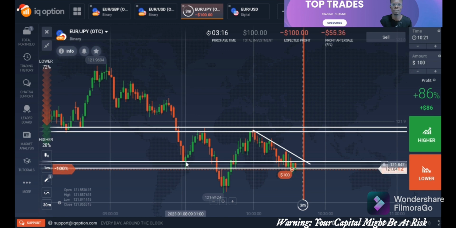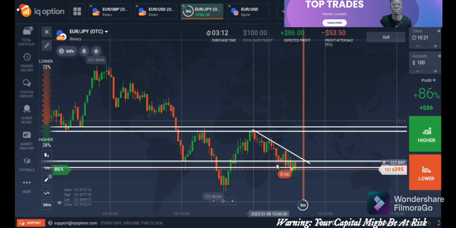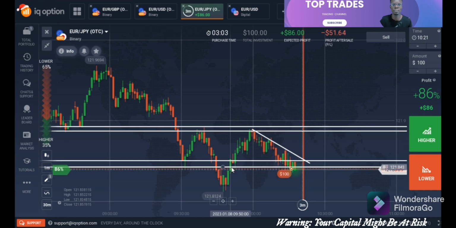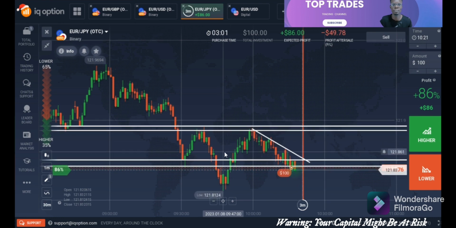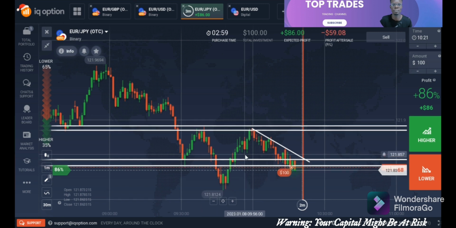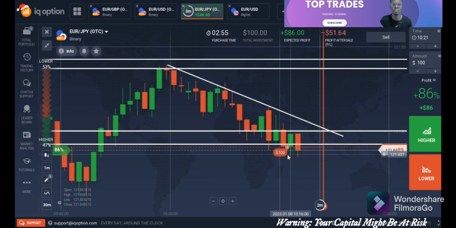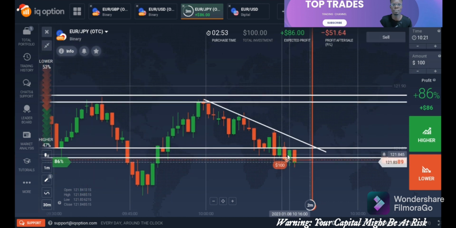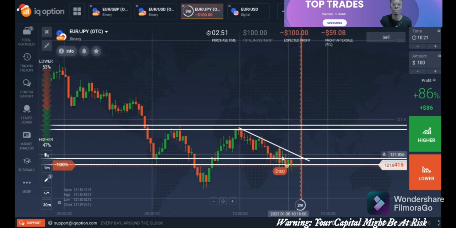There was a rejection here in the past, so I drew this level of support here. I drew a zone, so I had to wait for the market to break this level before I placed the trade. That was my plan for this very trading setup.